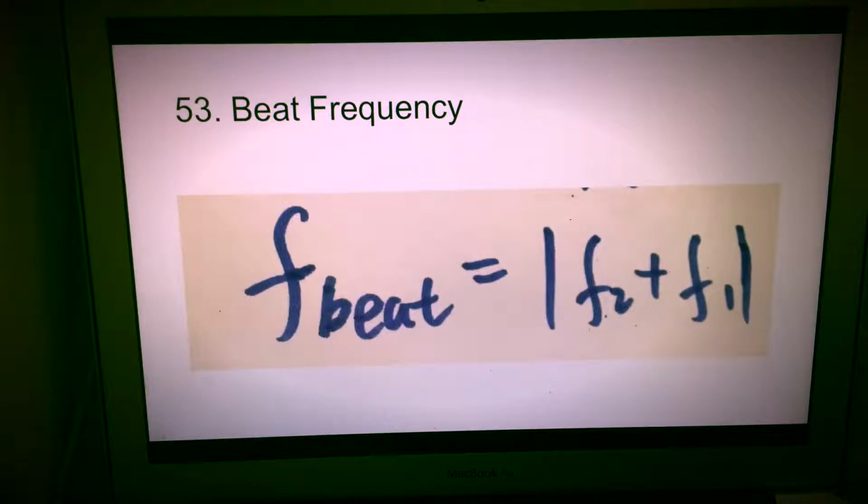When two cars are driving, and each car is holding a different beat, a different wavelength or frequency, the frequency of the beats between the two cars is given by this formula: f_beat equals f2 minus f1. It can be positive or negative, but we use the absolute value to get the magnitude.